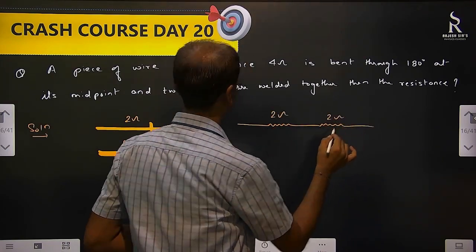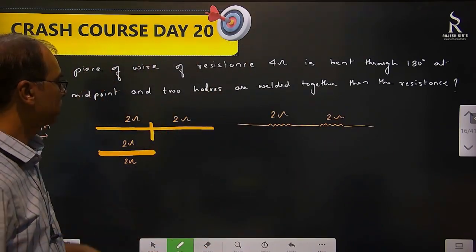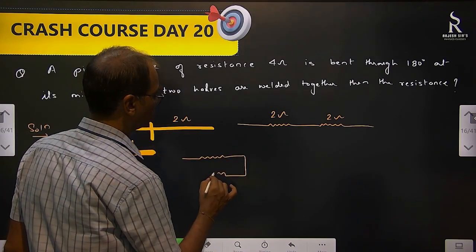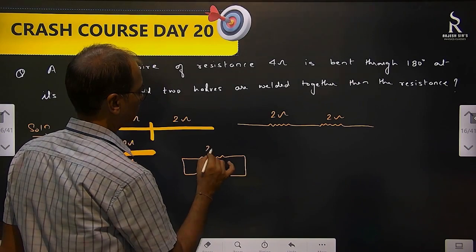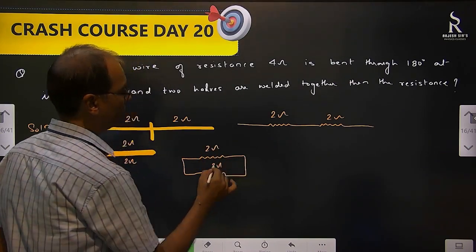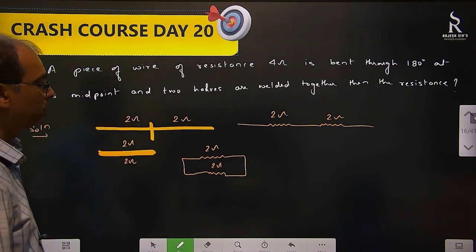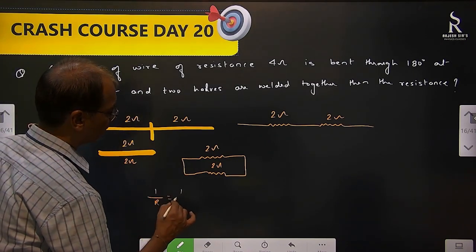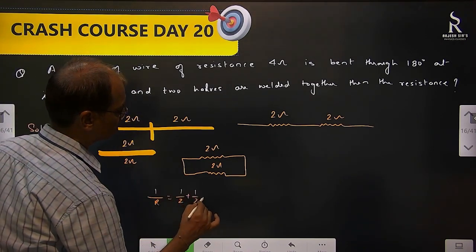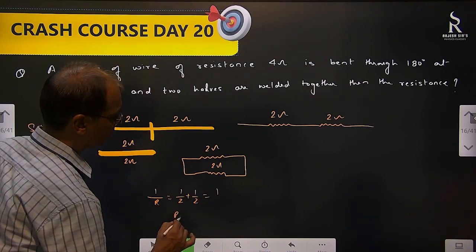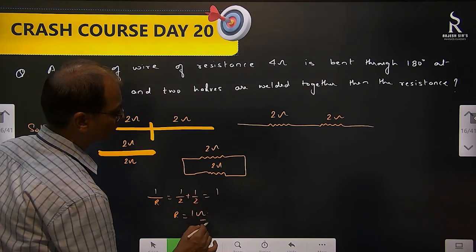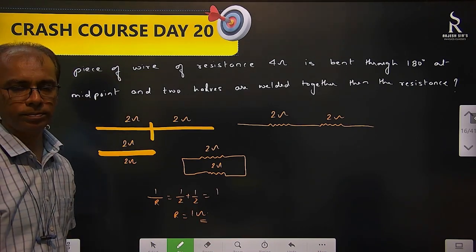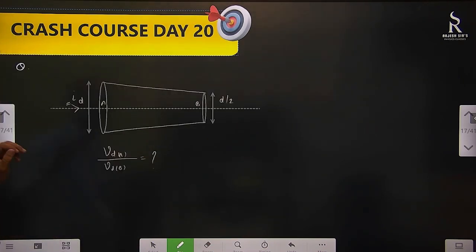Parallel means 1 by R equal to 1 by 2 plus 1 by 2. That is 1. So R equal to 1 ohm. Simple. Okay, let's move ahead.